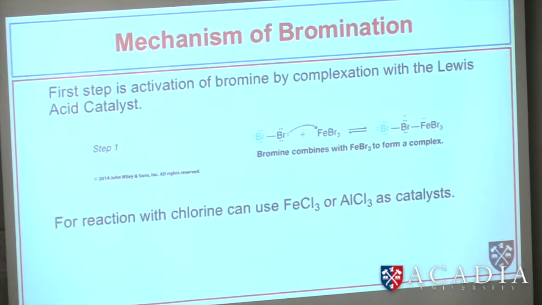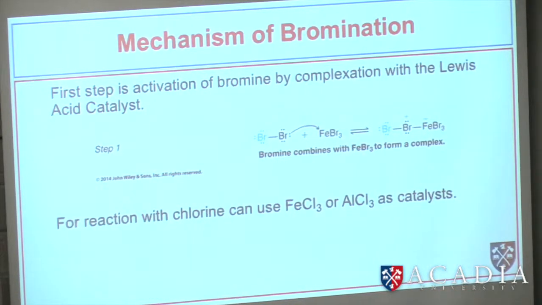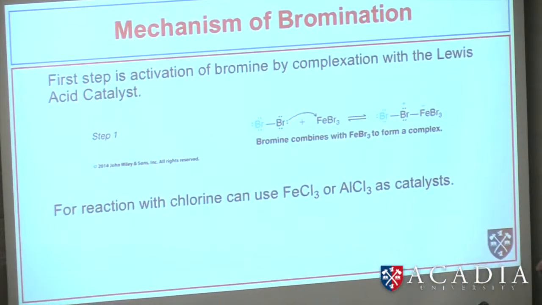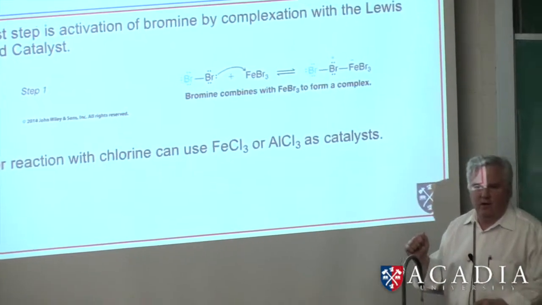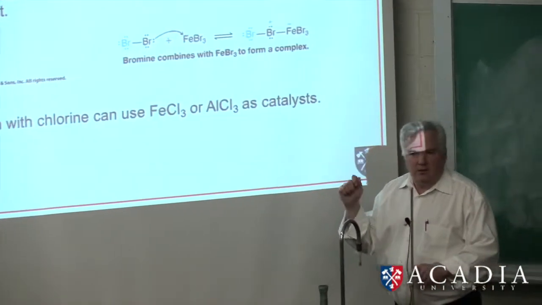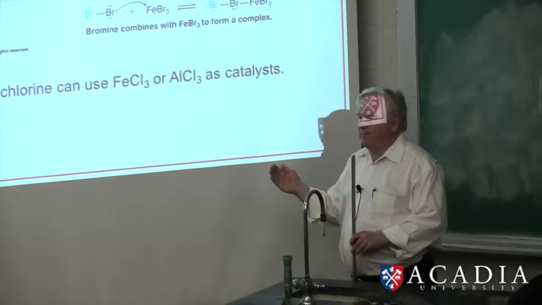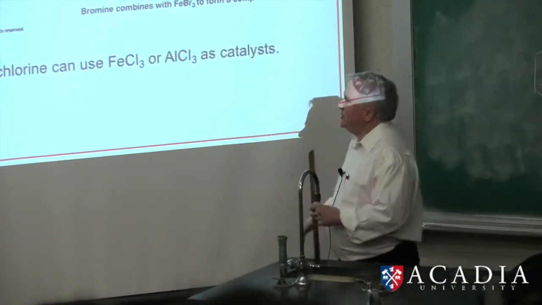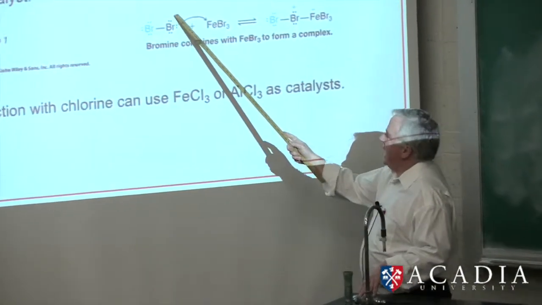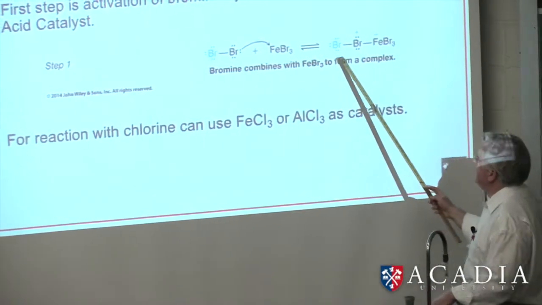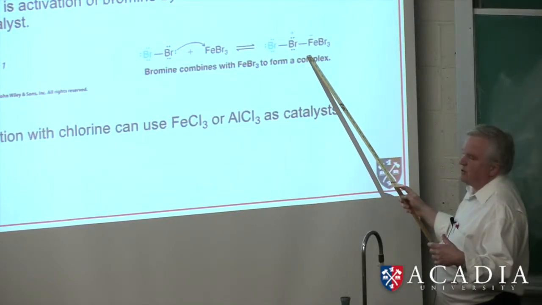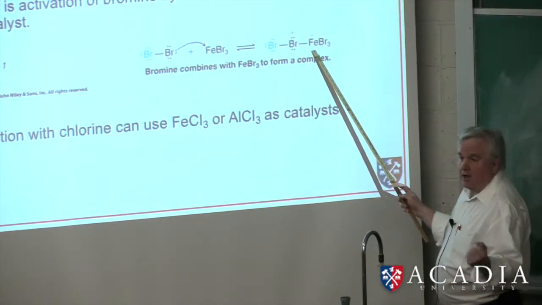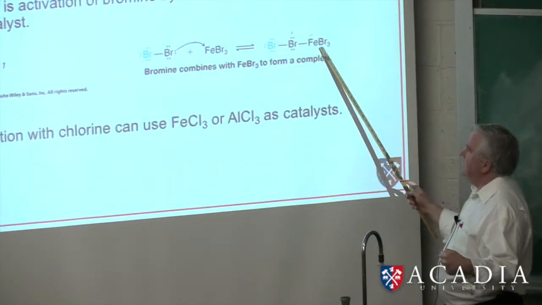Let's take a look at what's going on. The first step in this is, remember we told you that bromine or chlorine by itself is not a good enough electrophile to react with the ring. So the purpose of the catalyst is to soup up the electrophilicity. The first step, our halogen reacts with the catalyst to form a complex. Some people will also just show that it forms a bromonium ion, Br+, and FeBr4-.